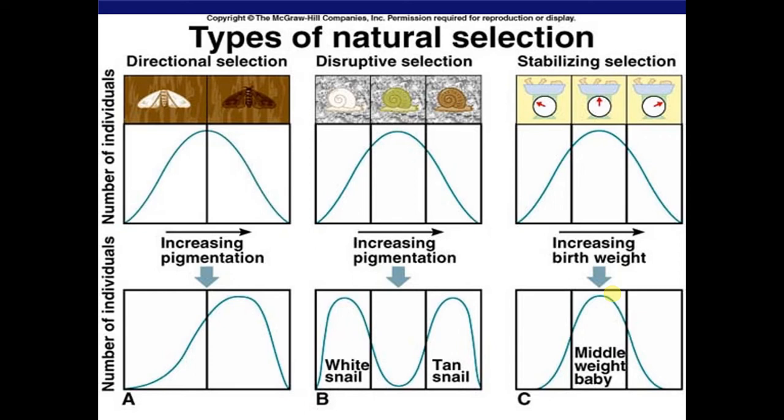An overly large, heavy baby will have a hard time passing through the birth canal and being born without complications. So a middleweight baby will be the most desirable. You can look at some of the other examples. The middle examples with snails are a lot like the example with lizards that I used previously.